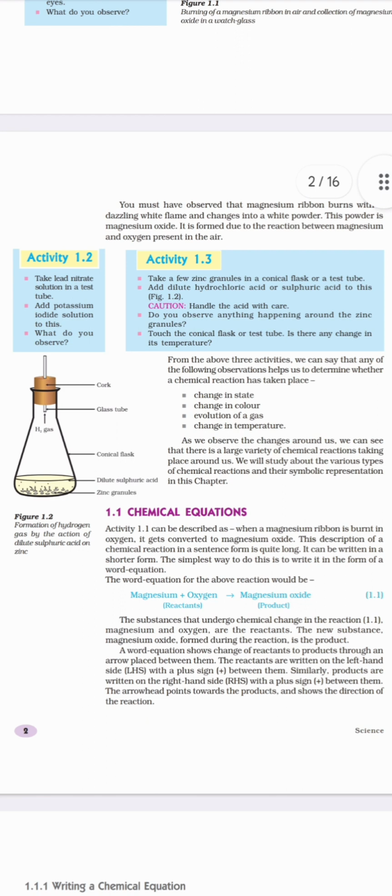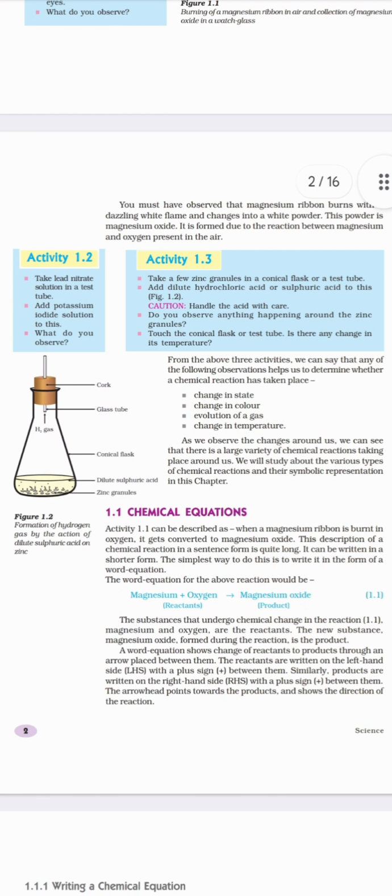The formula of magnesium oxide is MgO, because magnesium has 2 valence electrons, whereas oxygen also has 2 electrons in its valence shell. Hence a chemical reaction has taken place where the reactants magnesium and oxygen reacted together to give the product magnesium oxide.